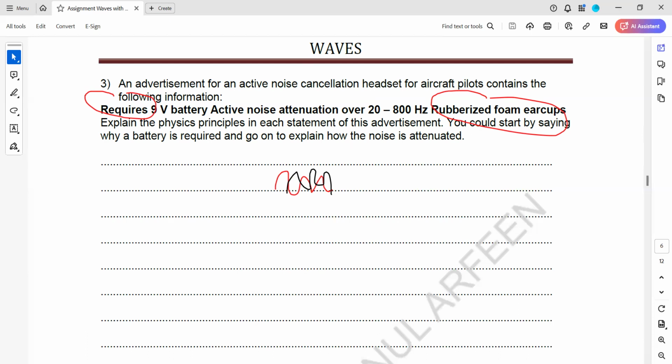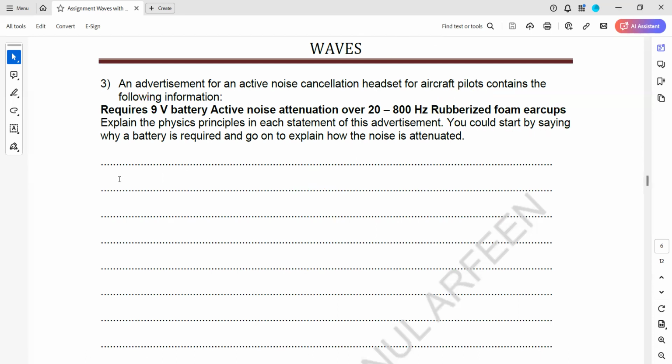The range at which it works is given. It can work for frequencies or vibrations from 20 hertz to 800 hertz, meaning normal low conversation sound or noise. It can easily pick up low frequency sound.